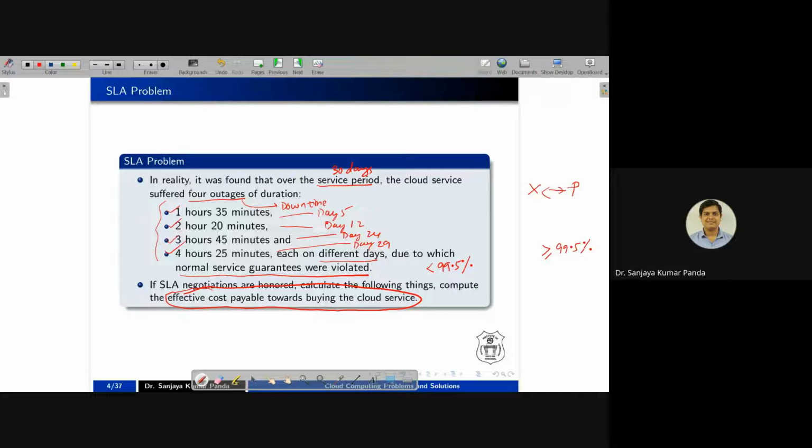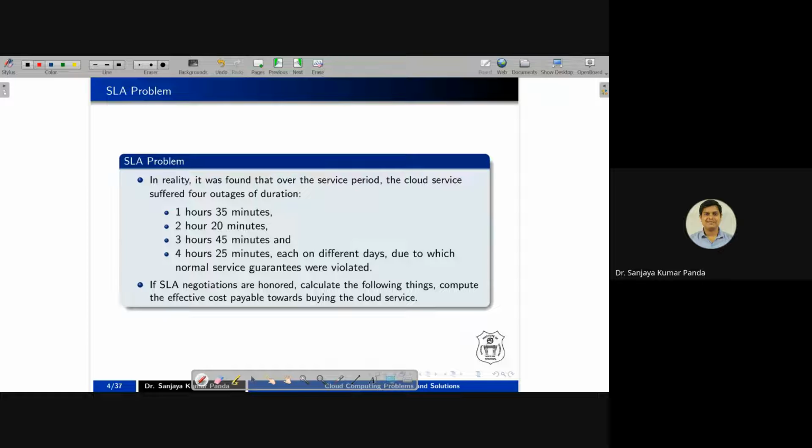before I discuss the solution? Can anybody solve this problem? First, let me know, is it clear what the problem is? Or if you have any confusion, you can ask me before I discuss the solution. Is it clear?